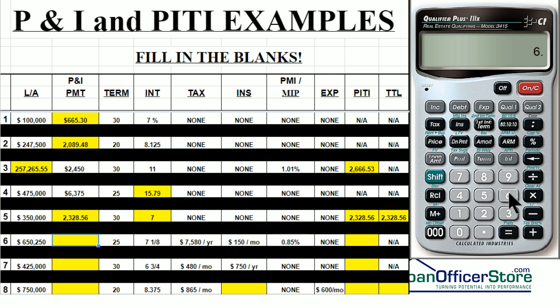We got $650,250, and I do realize that my program here is purchased all over the United States, and there are areas of the country where a 650,000 is a gigantic house.